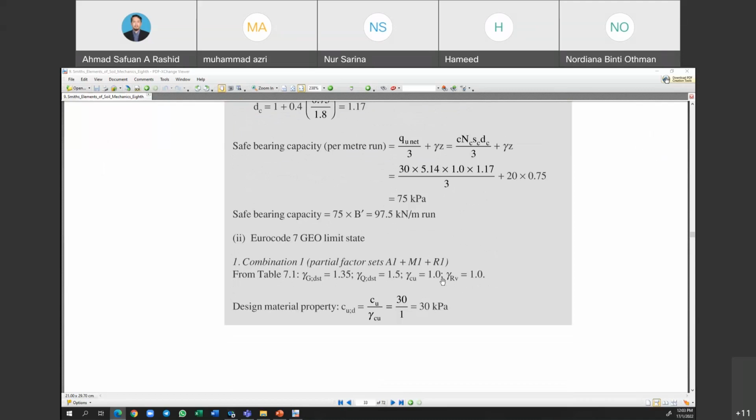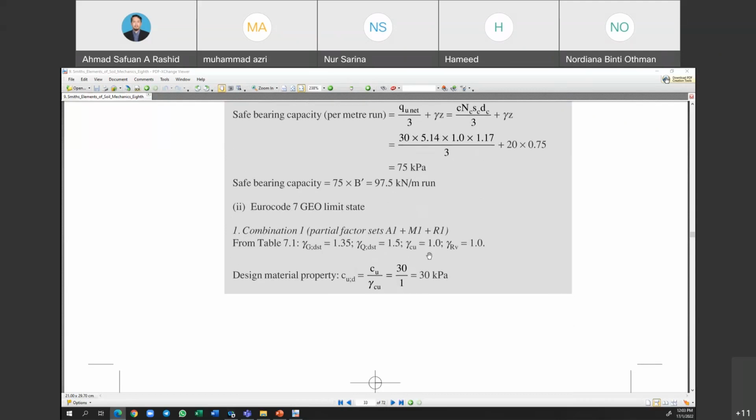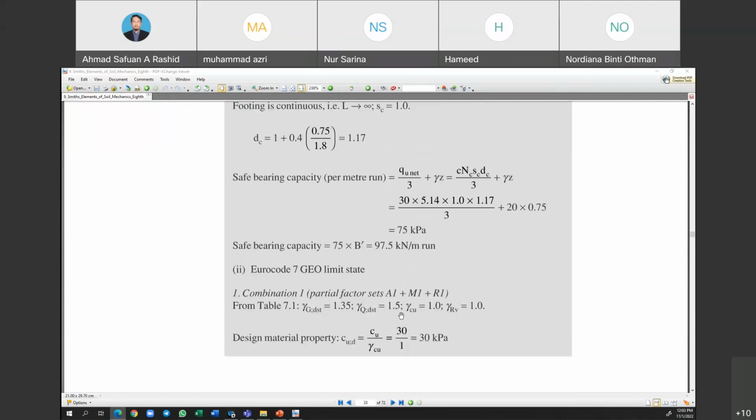Okay. So then we look at the Eurocode 7 GEO limit state combination number 1. Okay. So from table 1.7, because we are designing for the failure condition, we may use the unfavorable.